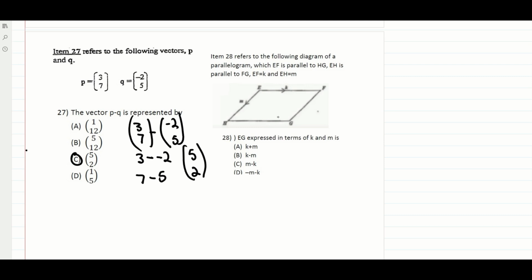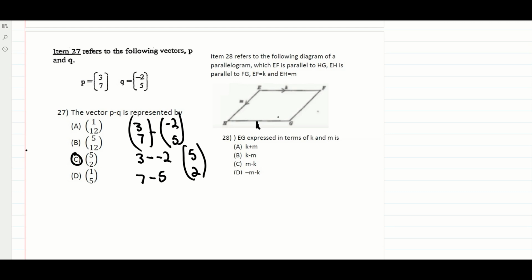Right, this question here, item 28, refers to the following diagram of a parallelogram, and EF is parallel to HG. So if this is K, then this is also K, and EH is parallel to EF.